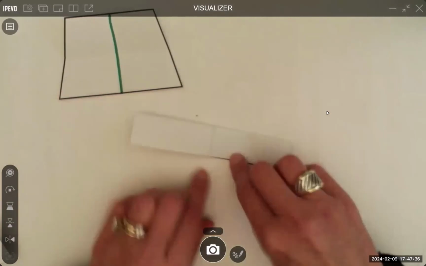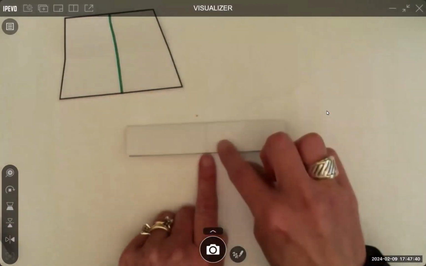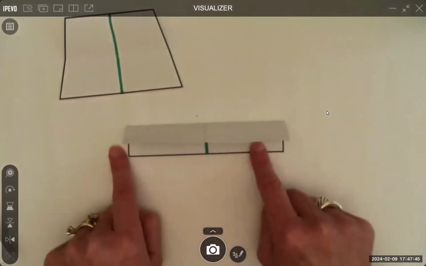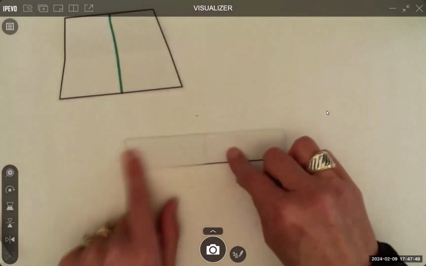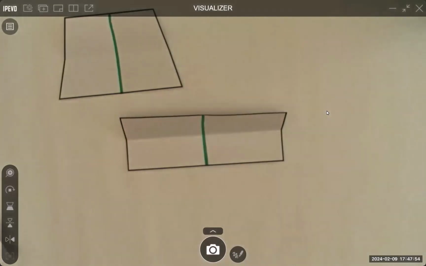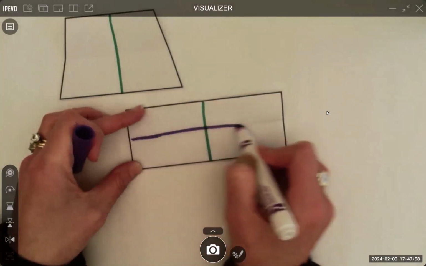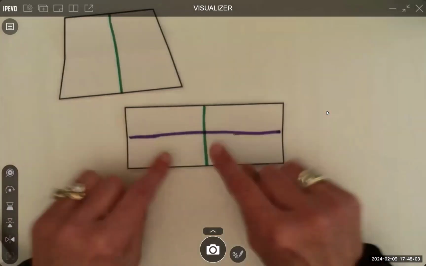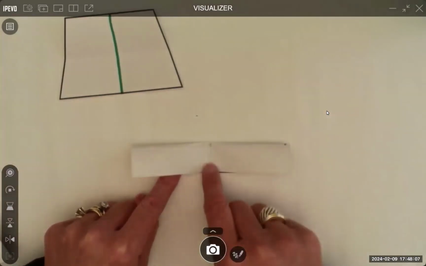And I can clearly see, before I even open this up, the top half of this fold in the rectangle matches the bottom half. So this rectangle has another line of symmetry. So what we've discovered real quickly is that a rectangle has two lines of symmetry, both vertically and horizontally.